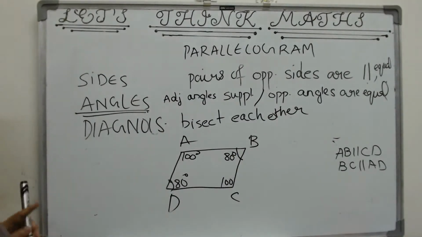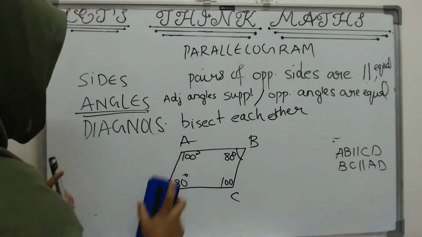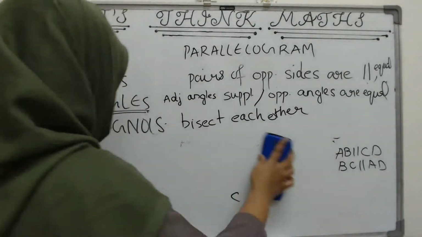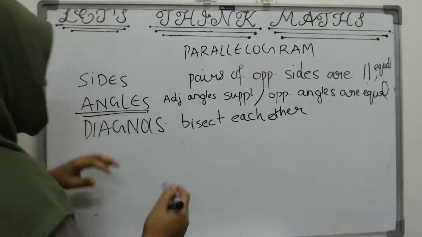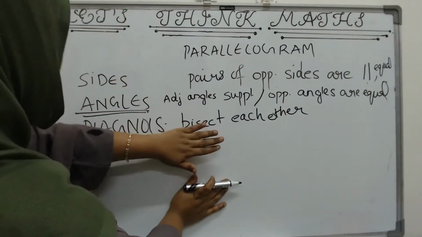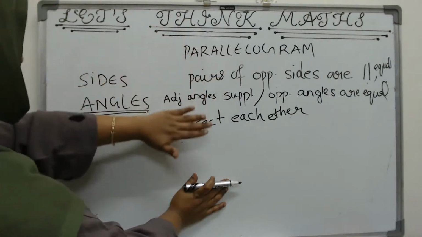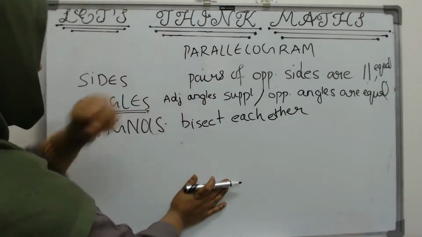Now we come to a different kind of parallelogram, which is called a rectangle. And how does that change? Again, you remember what I told you about fruits and oranges? The rectangle will satisfy all the conditions that a parallelogram satisfies, plus it will have some extra conditions.